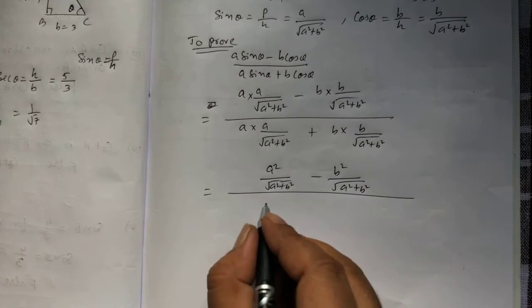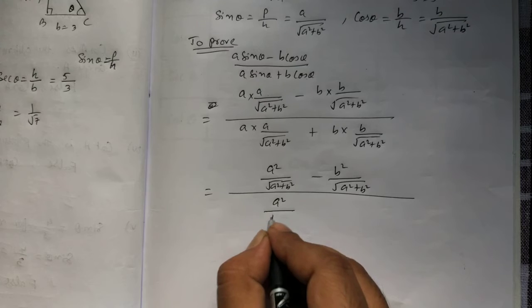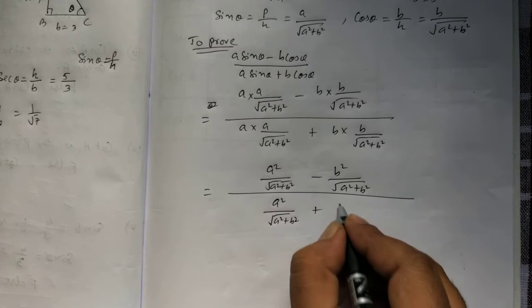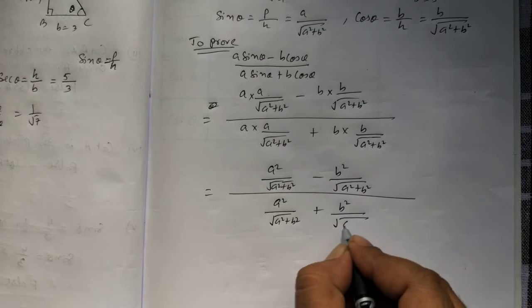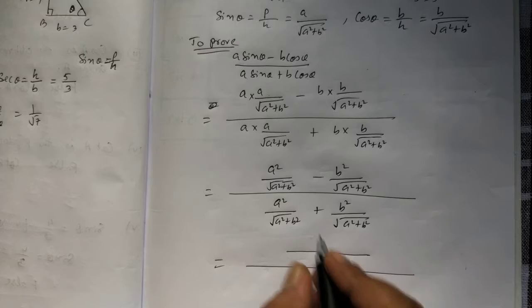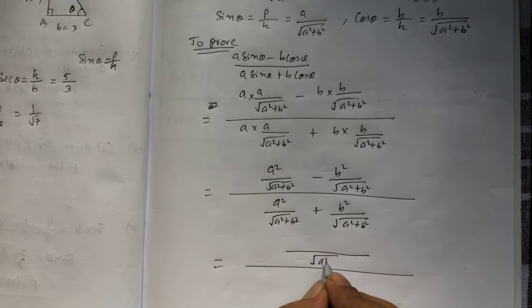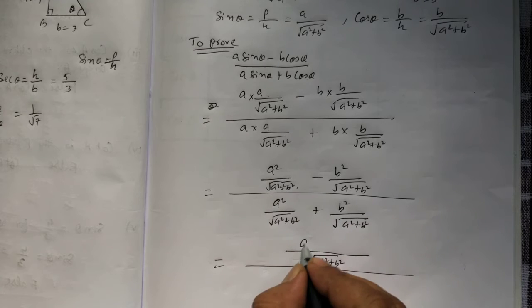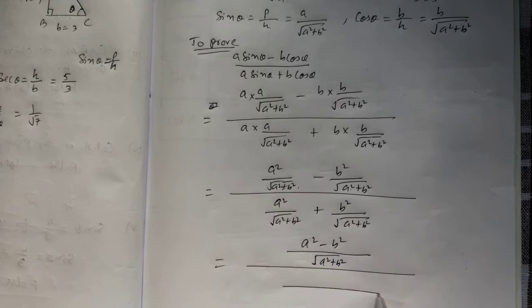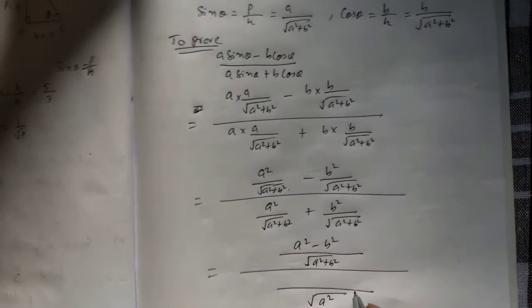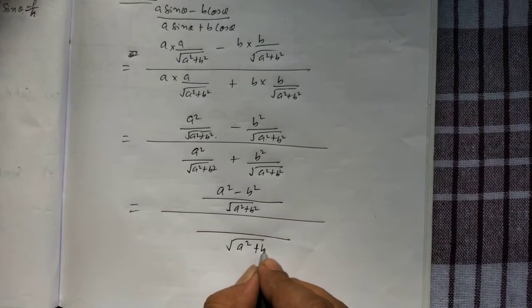Multiply, AA is again A square by root over A square plus B square. B into B is B square by, now you can take the LCM. LCM here is root over A square plus B square. So if the LCM is same, upside no change, A square minus B square. Here also LCM is root over A square plus B square.